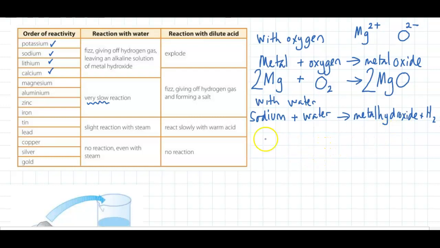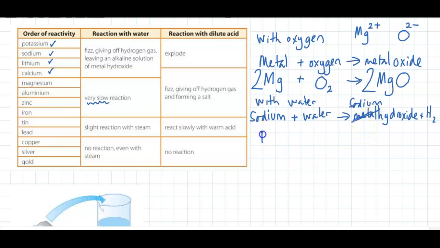Okay, that's why group 1 are often referred to as the alkali metals. They all react with water to make a hydroxide and hydrogen. I should put metal there. Okay, so let's change that. I'll put sodium here. So this would be sodium hydroxide plus hydrogen.